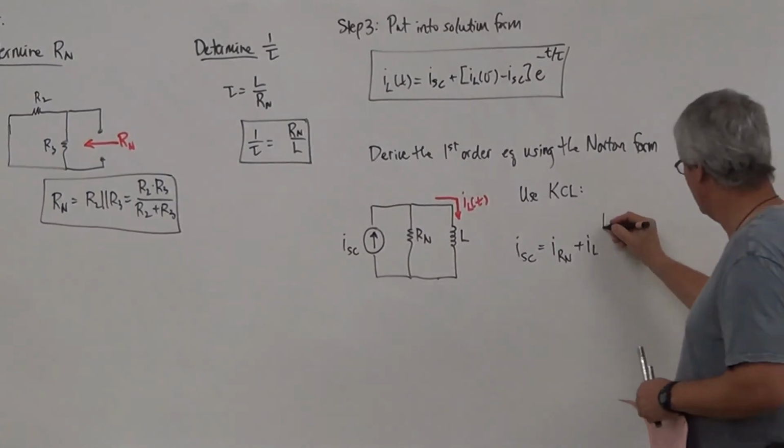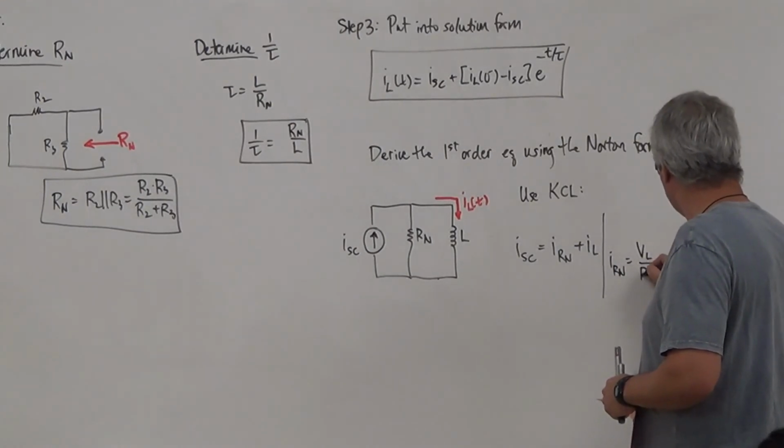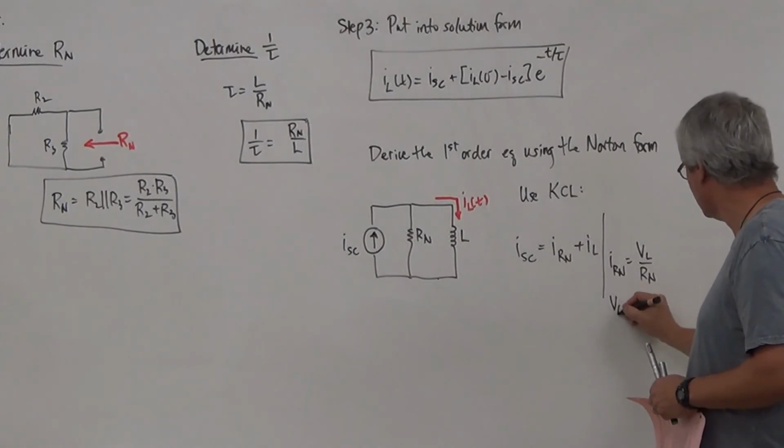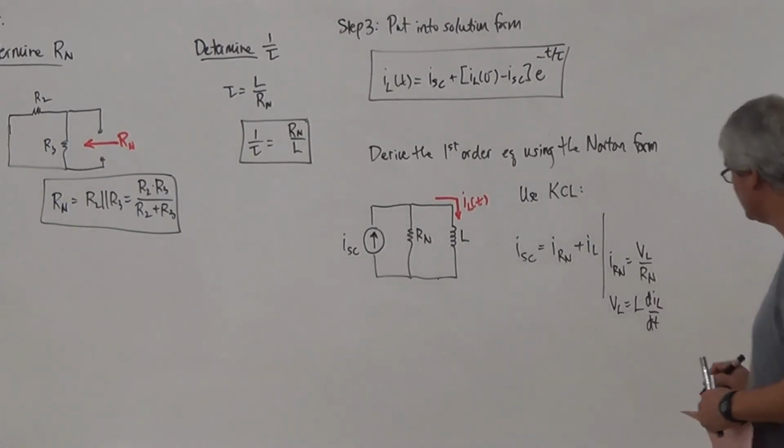However, the current across the resistor is the voltage of the inductor divided by the resistance Rn. And if you remember, there's also this inductor equation, which looks like this.